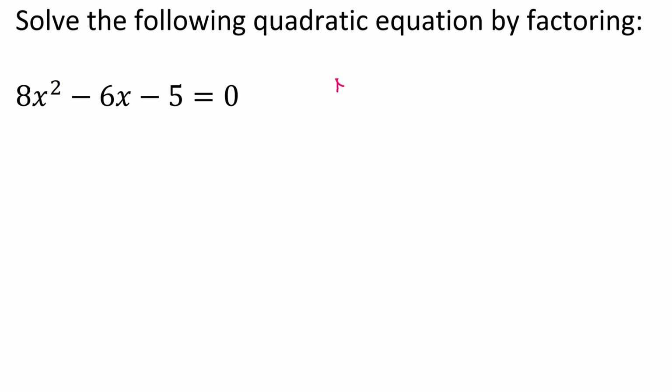I'm going to write out MAN. And remember, I want to multiply to -5 multiplied by that number in front of the x squared term, so multiplied by 8. So in this case, I'm trying to multiply to -40, and I'm trying to add to -6. So let's think about two numbers that work. I'm just going to consider factors of 40.